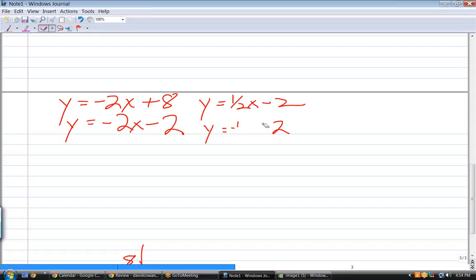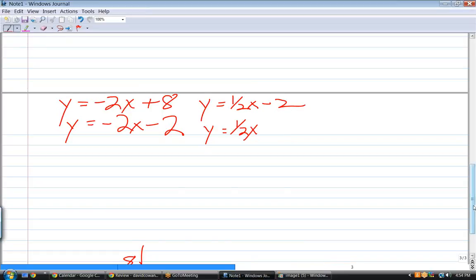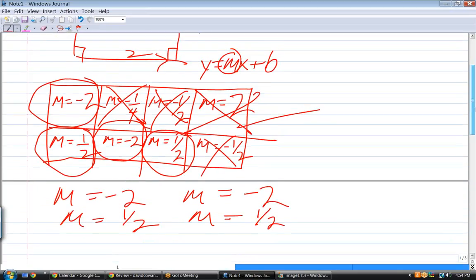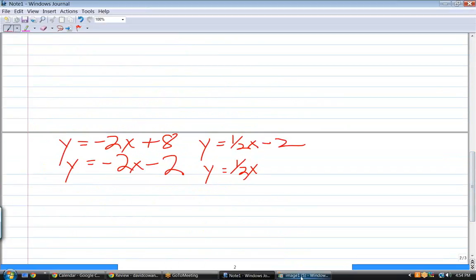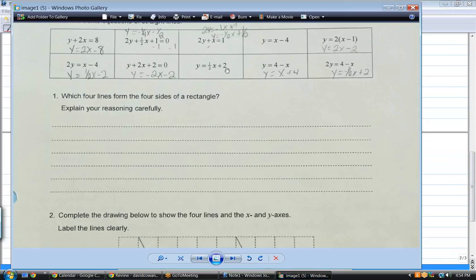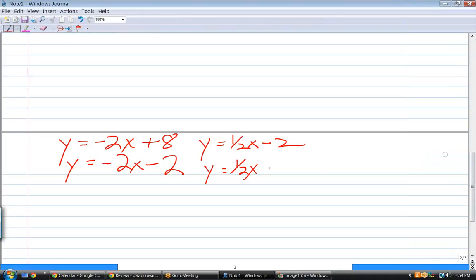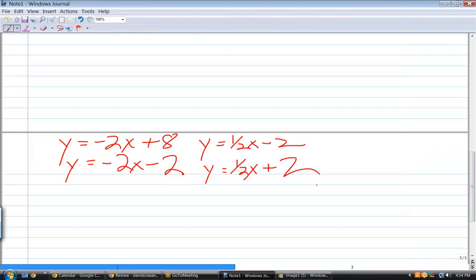And the lower right one is 1/2 x, what's the rest of it? The lower right equation is 1/2 x plus 2. So there's my 4 equations. And I know which line is that, and I know which line is that.